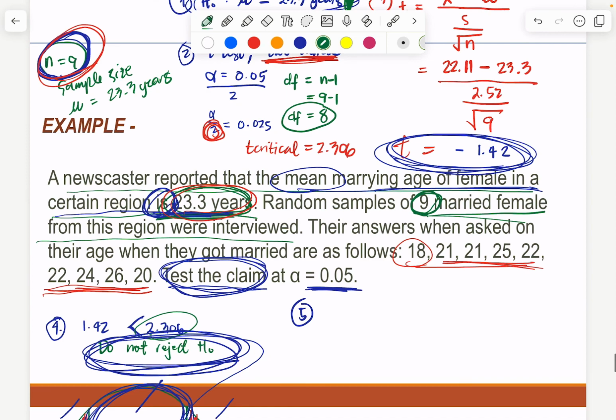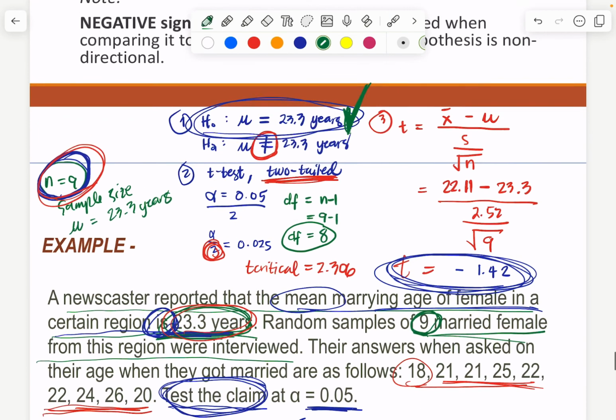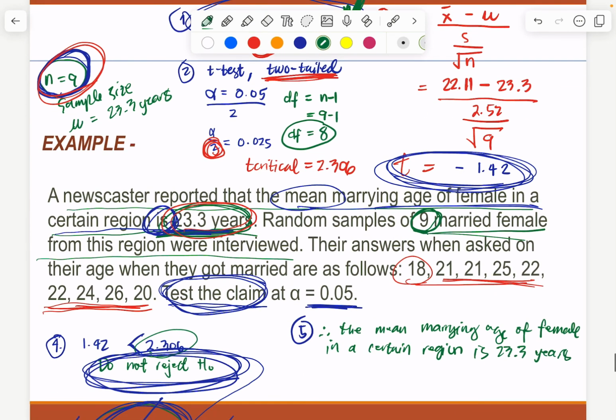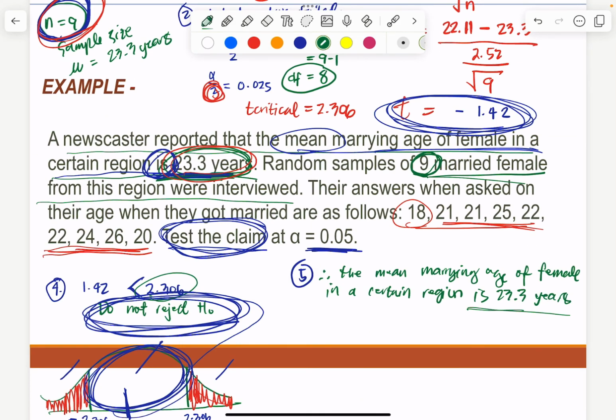So, sa conclusion, pwede ka mag-ingon nga therefore, the mean marrying age of female in a certain region is 23.3 years. So, kung unsay naa sa imuhang hypothesis nga gi-accept, mao dayon ibutang diri sa conclusion. So, equal man siya. So, mao po na ang imong diri is 23.3 years.